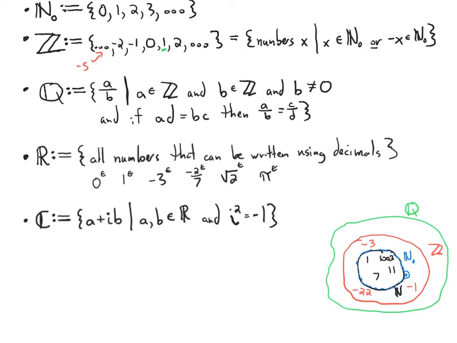Great. But there are numbers that aren't integers that are rational numbers. Things like 1/2, or 3/7, or negative 5/2, or negative 1 over a million, whatever. So there are your rational numbers. Then you have the set of real numbers. I'll do that in yellow.